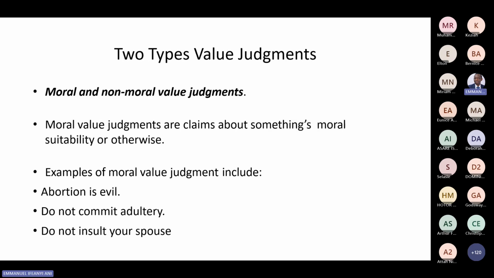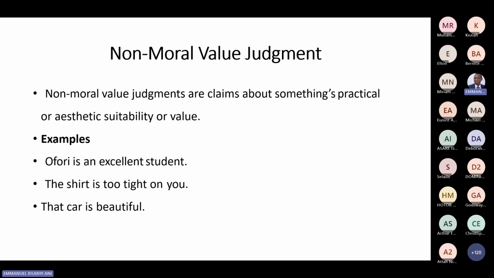Okay, so we're saying that moral judgments are claims about something's moral suitability. But what about the non-moral ones? The non-moral value judgments are claims about something's practical or aesthetic suitability or otherwise. So if a value is non-moral, then it is either practical or aesthetic.